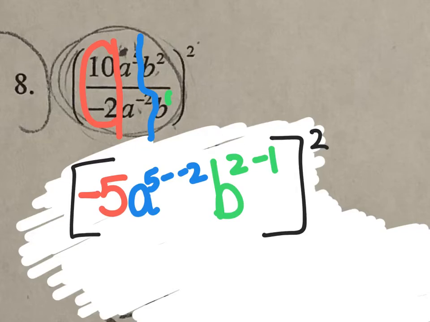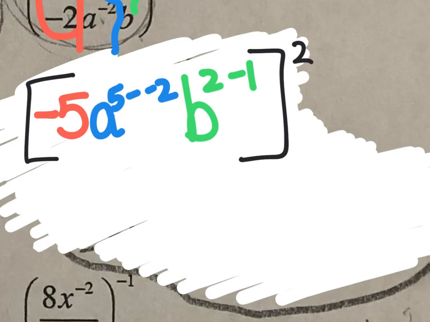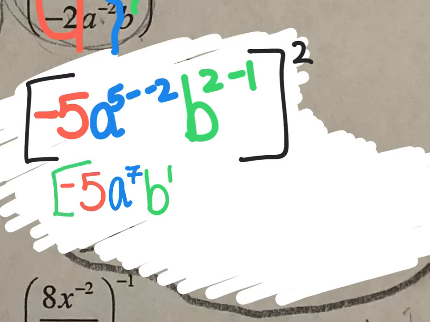So let's do a little more simplifying. Negative 5. A: 5 minus a negative 2 gives me a to the 7th. And then b squared minus 1 gives me b to the first. All that is going to be squared.